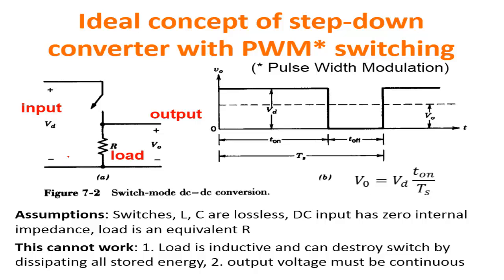How can you build such a filter? Typically you can use L and C components, inductors and capacitors, because they are lossless, at least in principle. They do not dissipate active power.